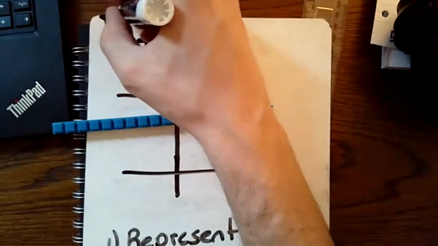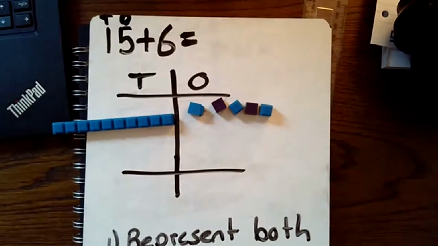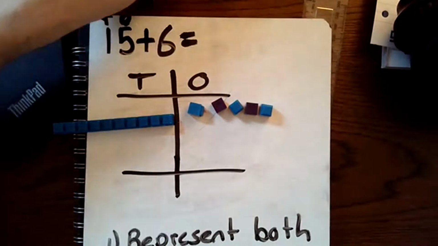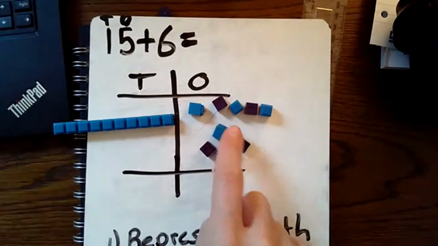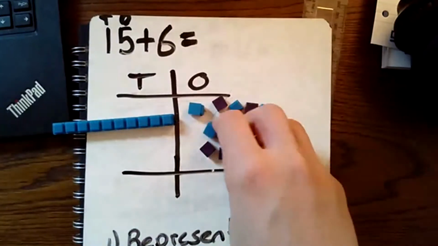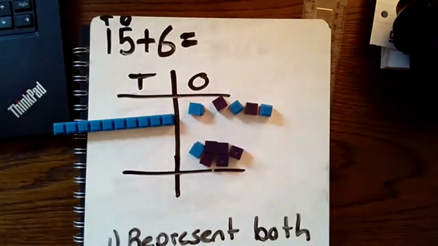It has 1 ten and it has 5 ones. And I'm adding 6 ones. I'm not adding any additional tens. I'm just adding 6 ones. 1, 2, 3, 4, 5, 6. Now I've represented both parts.